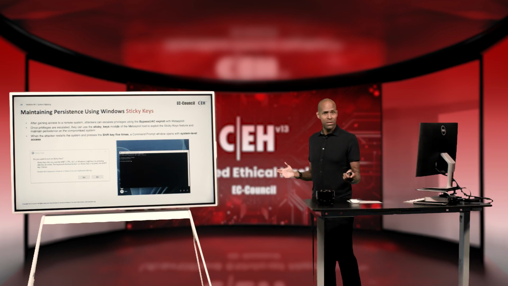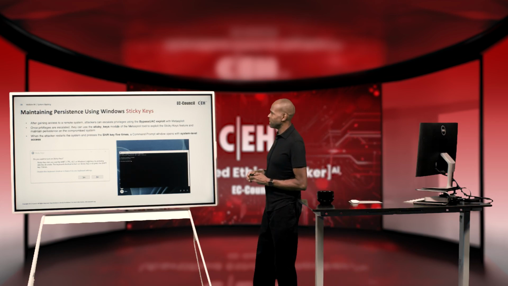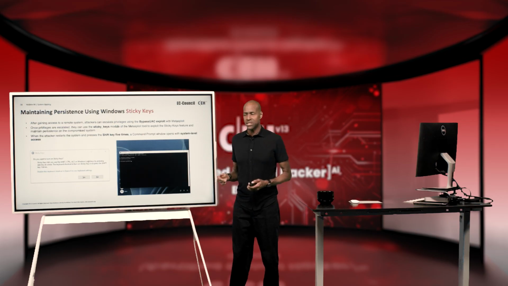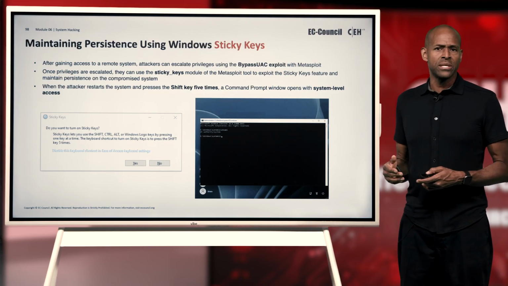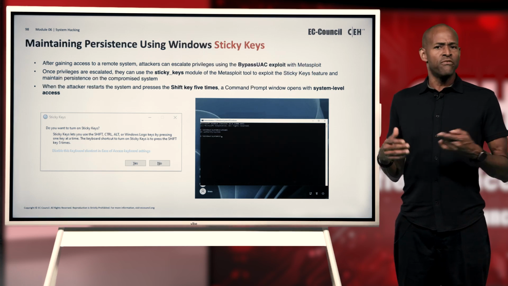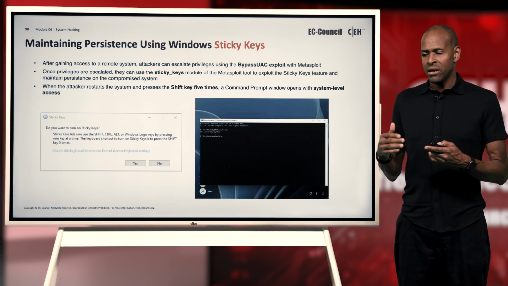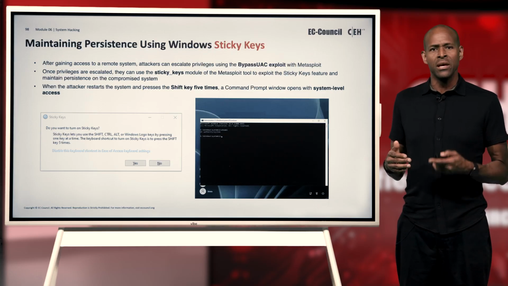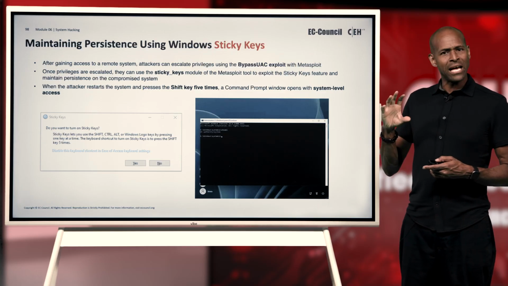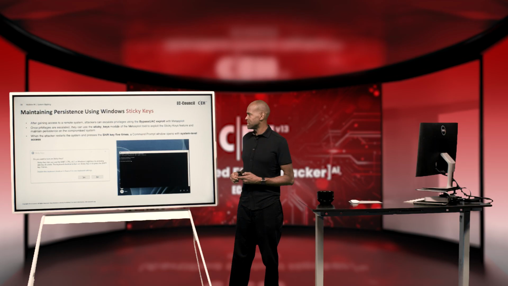The first one that we want to look at for maintaining persistence is using sticky keys. Now, sticky keys is actually a pretty cool invention by Microsoft. The purpose is if there's somebody that has some type of physical disability and they just lean or press against a single key a few times, it'll pop up and ask you if you want to use sticky keys.